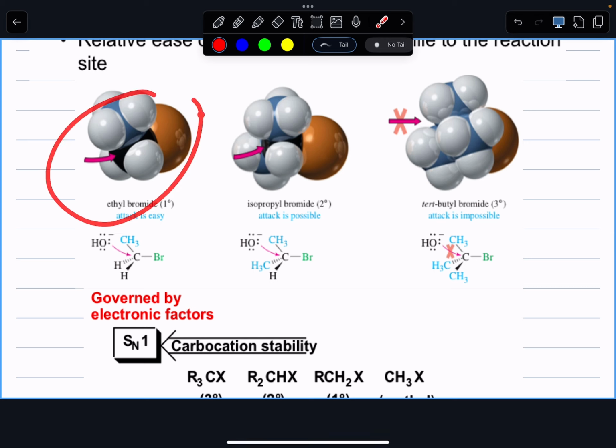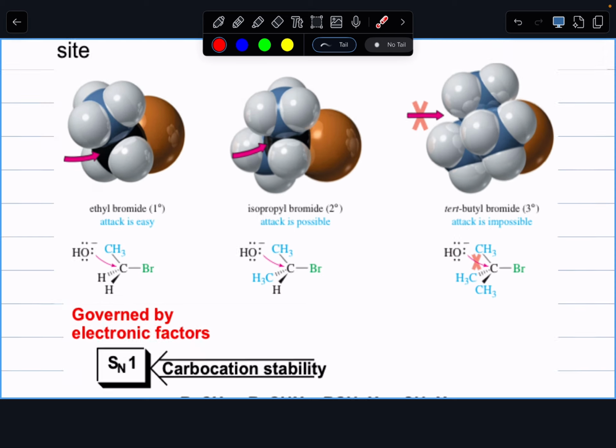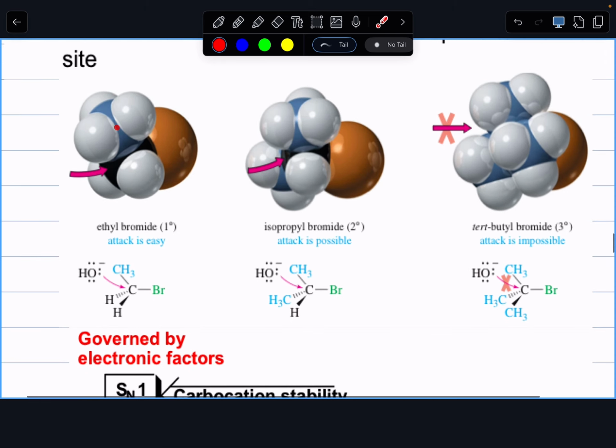For example, if we look at a primary carbon center, meaning you have a CH3 on it, and we look at the actual van der Waals surface, or what these atoms look like. When we draw it on paper, it looks like all similar sizes, but in reality, your hydrogen, your carbon, your methyl group, your bromine, they all occupy a certain space in 3D.